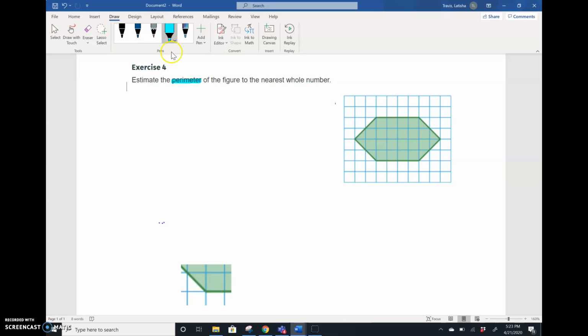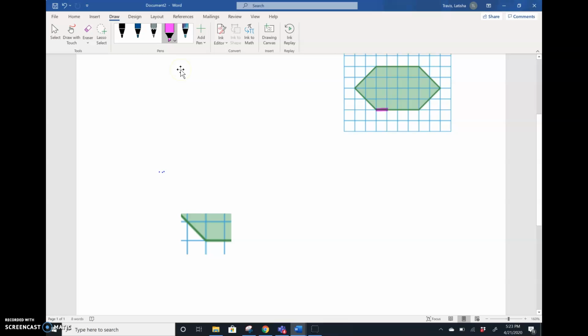I'll use pink to highlight that. So I'm talking about these lines here, which run on the lines of the grid. I enlarged that image here, so I'm talking about this portion right here. This is a line that runs right on the grid line. Those have a length of 1.